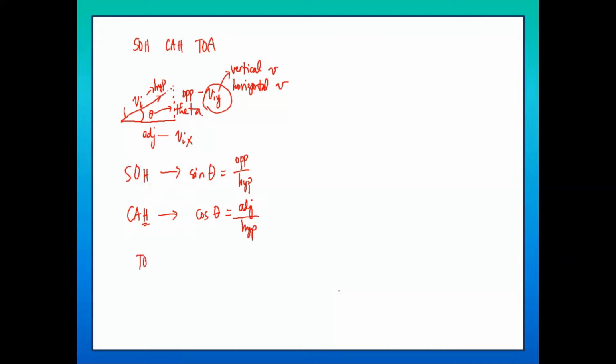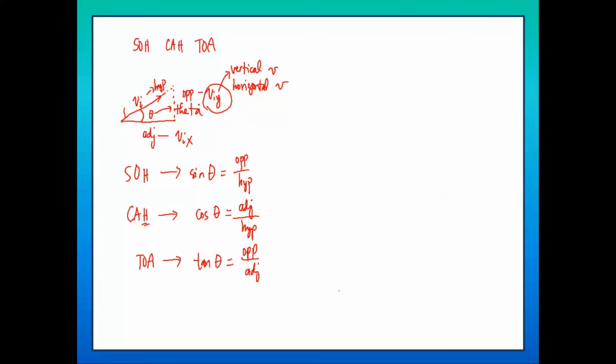Okay, your TOA, that is your tangent theta, or tan theta, is equal to your opposite over adjacent. Okay? Now, in this case, since may given tayo, after tayo sa v sub iy, yan yung opposite nyo. May given na angle, may given na v sub I, your hypotenuse.